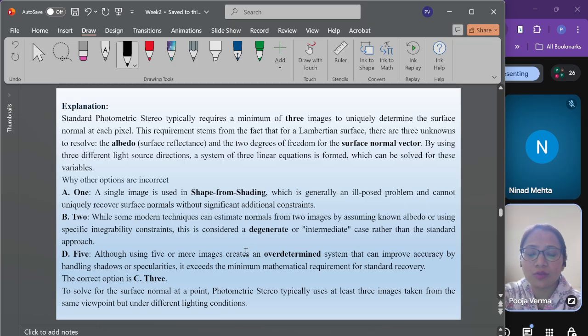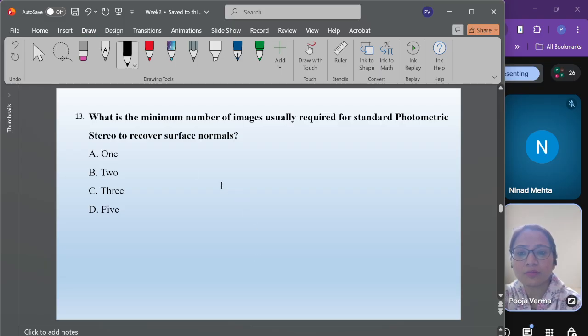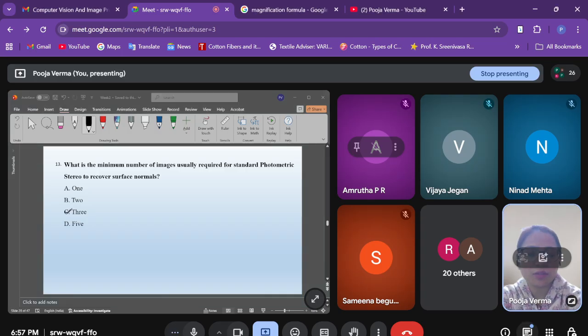And five: although using five or more images creates an over-determined system that can improve accuracy by handling shadows or specularities, it exceeds the minimum mathematical requirement for standard recovery. So the correct option is three. Okay, option C is the correct answer for this question.